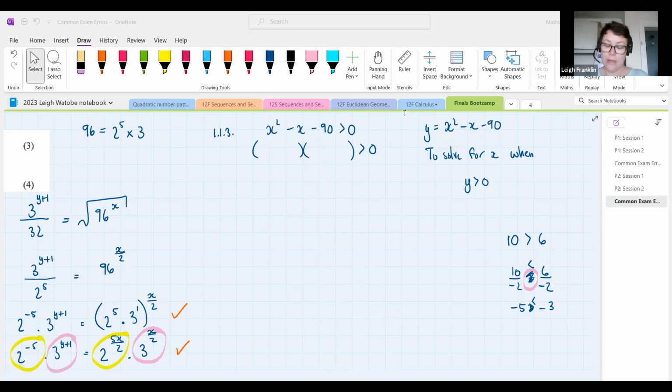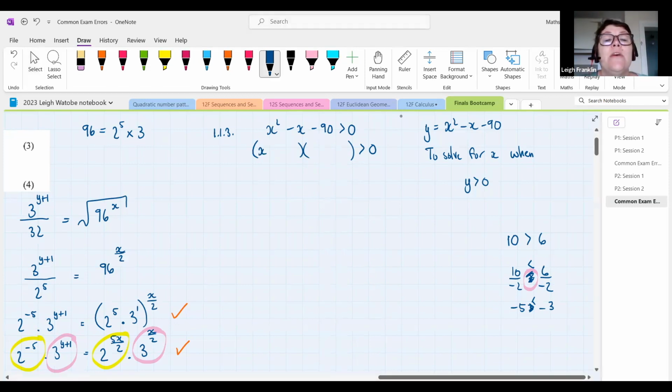It would be 10 and 9. All right, so in this case, because our middle value is negative and our last value is negative, the larger of the two factors is the one that needs to be the minus, and the other one needs to be the plus. Okay, so now we need to write down our critical values.